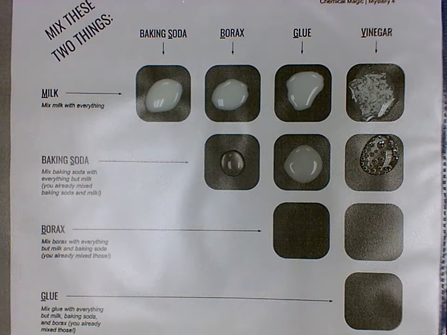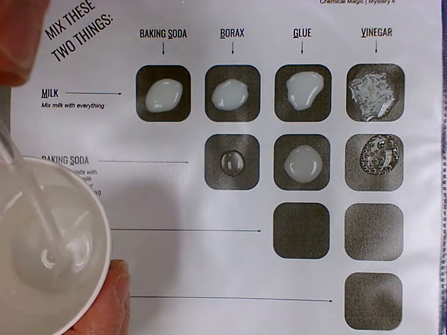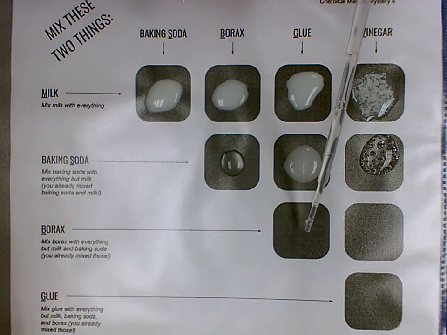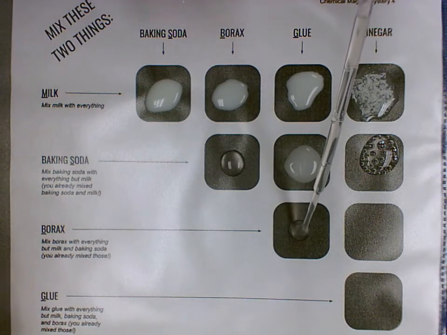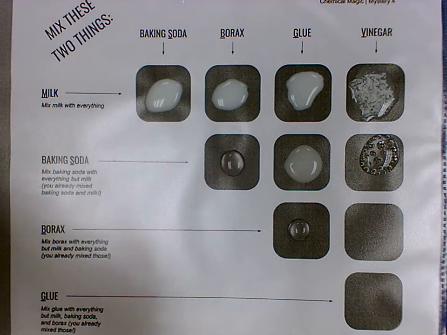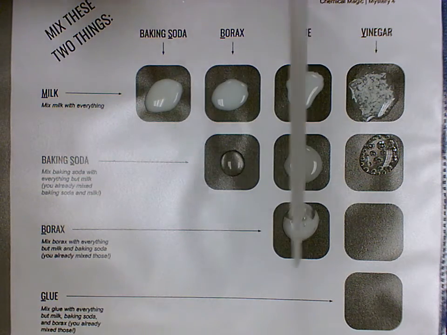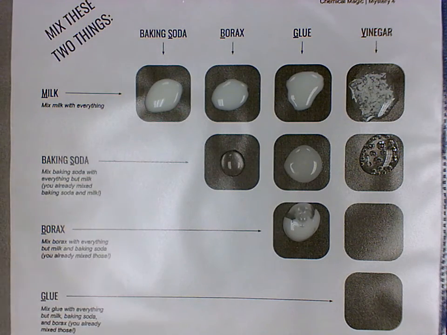Okay, now we're ready to look at borax, and we're gonna go ahead and grab our borax solution and put some here. So now I'm looking at what happens when I mix borax and the glue solution. And we'll mix those together.